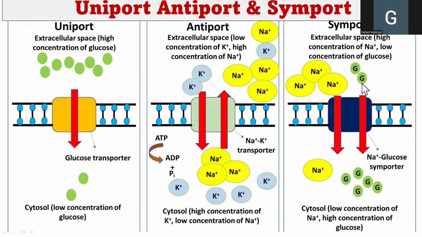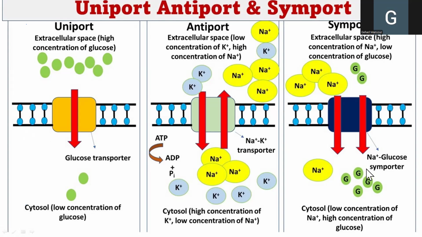One of the two substances, which is glucose, is carried against concentration gradient. How did I know this? Because in the extracellular space, we have only a few glucose molecules, and in the cytosol, we have much more glucose molecules.